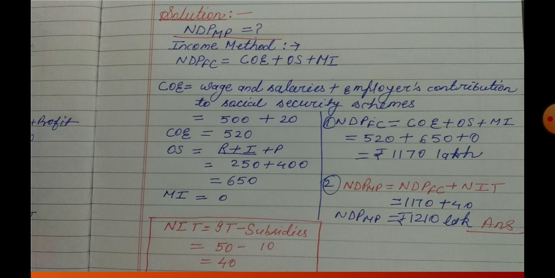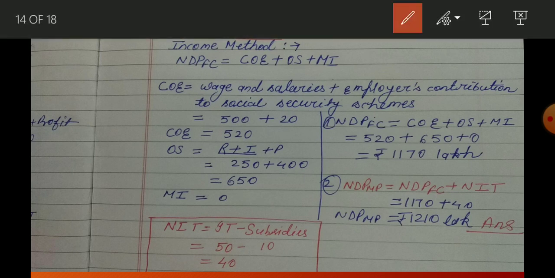In this question the value of COE is not given directly, so we have to find it out. How do we find it? By adding wages and salary and employer's contribution to social security scheme. When we add, we get 520. This is the value of COE.